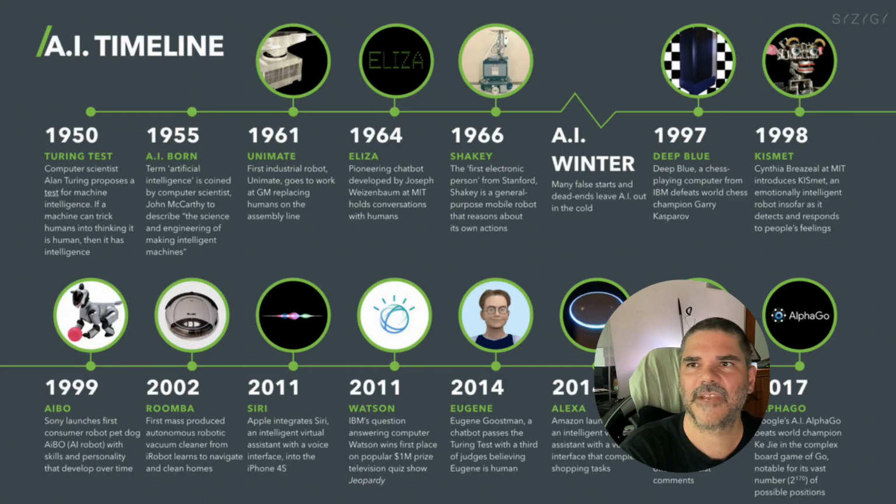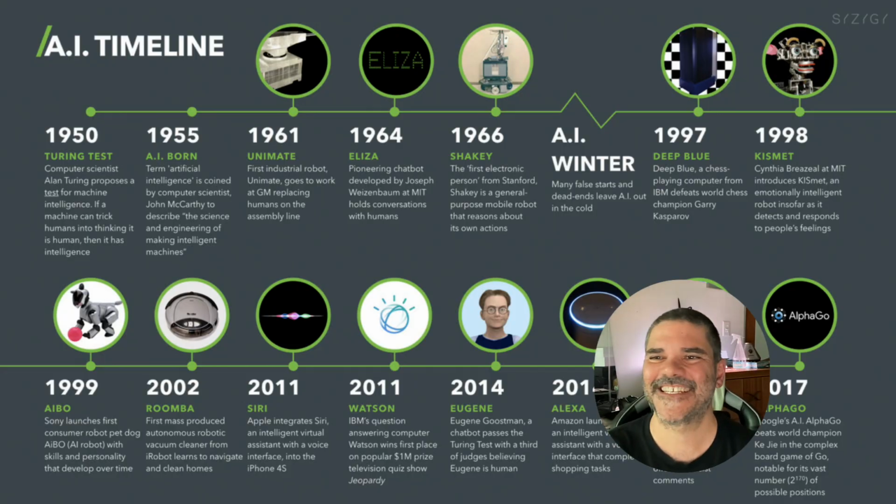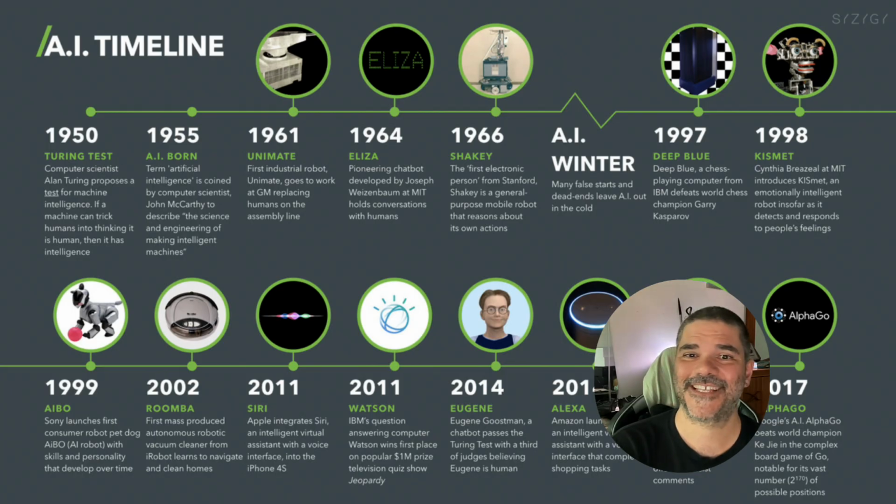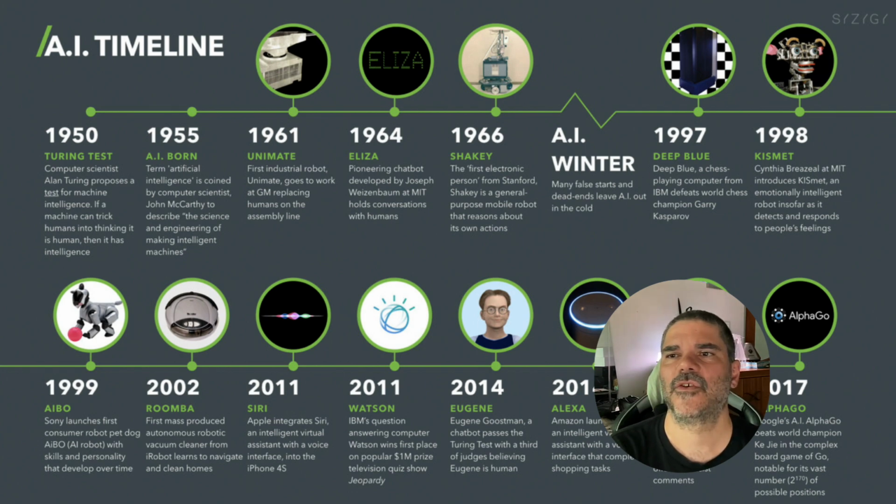So there is a timeline here with AI development, which begins in 1950. Perhaps that's surprising for you, but yes, artificial intelligence and machine learning has been around since the 1950s. And there was this programmer called Alan Turing who created this test called the Turing test.